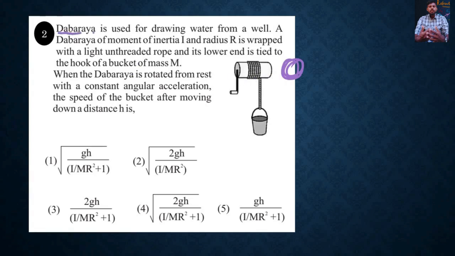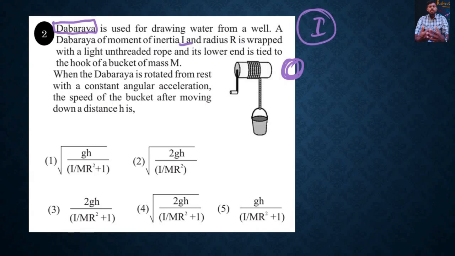There's this word dabare, a native language word, don't worry about that. It is used for drawing water from a well. The moment of inertia I is given, and the radius r is wrapped around.